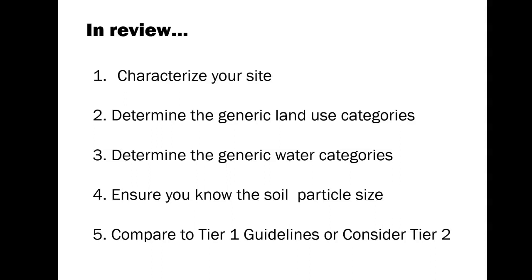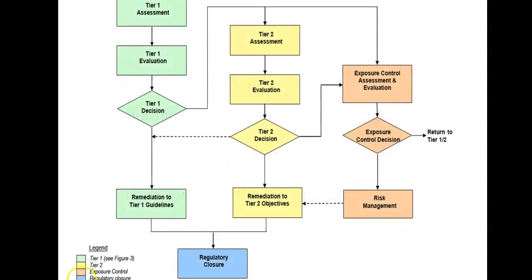If you have these and there is no Tier 1 approach for it, you have to move to a Tier 2 approach. So again, here is how you make the decision on whether you're going to use your Tier 1 guidelines, Tier 2, or move from that into something like an exposure control assessment and evaluation and decisions.